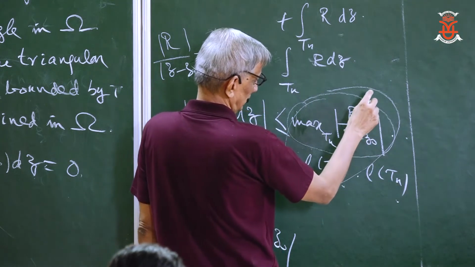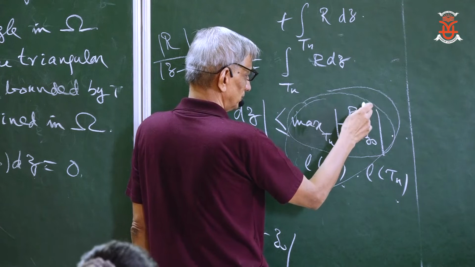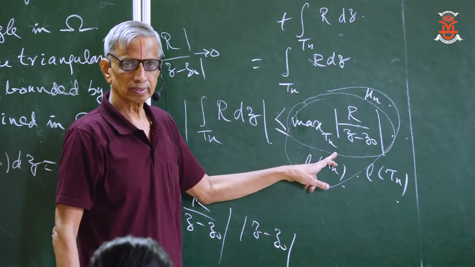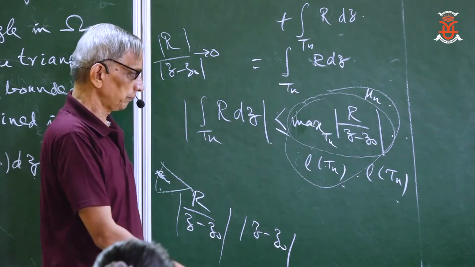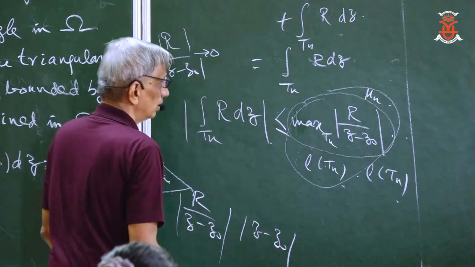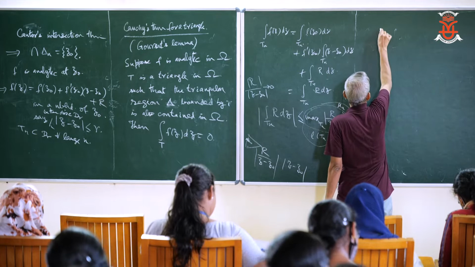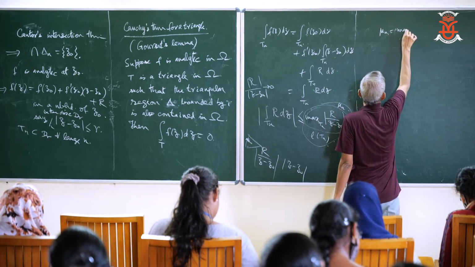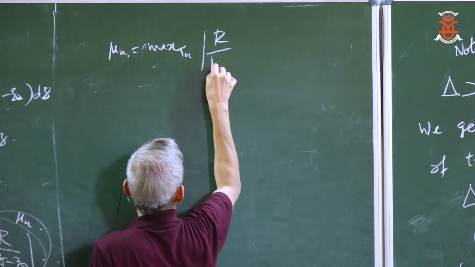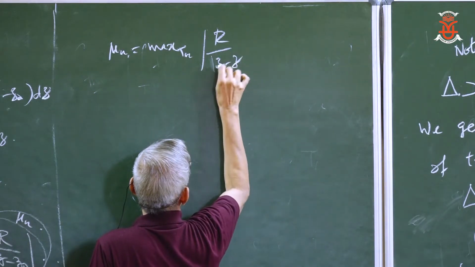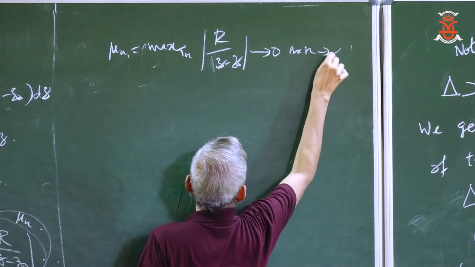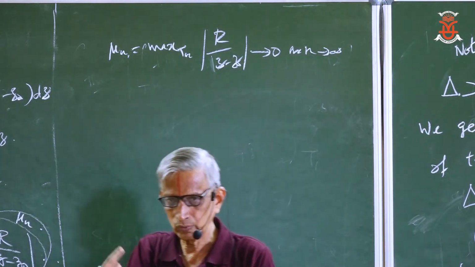whatever, mu n or something, mu n is the maximum of this or that, then mu n goes to 0 because the triangle shrinks to a single point.